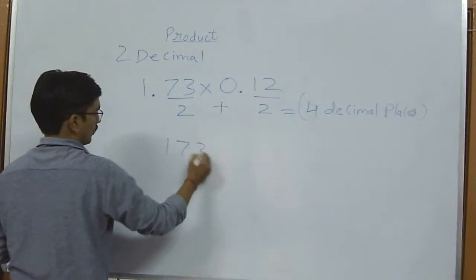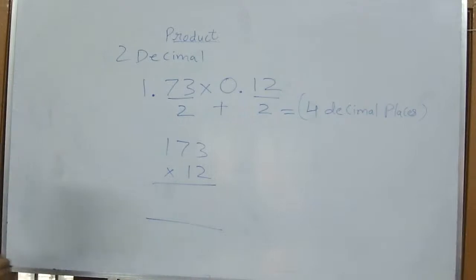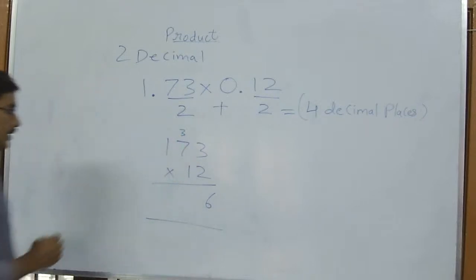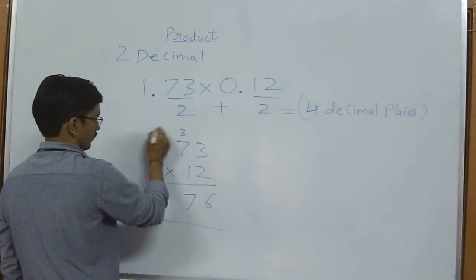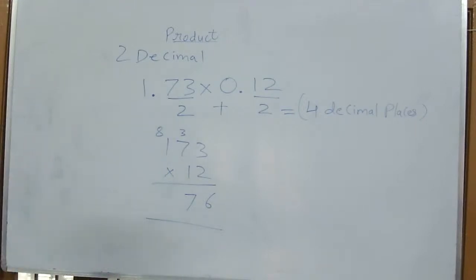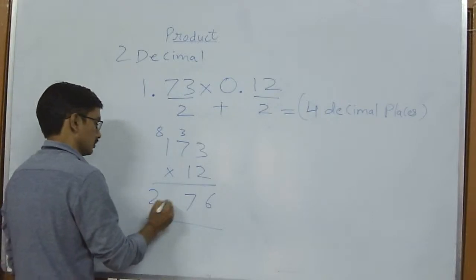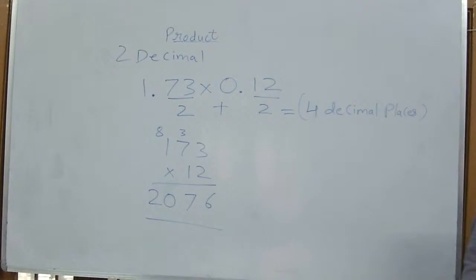Just do the normal multiplication. 12 3 times 24, 36, 6 3, 84 plus 3, 2076. Where should you put the point now?